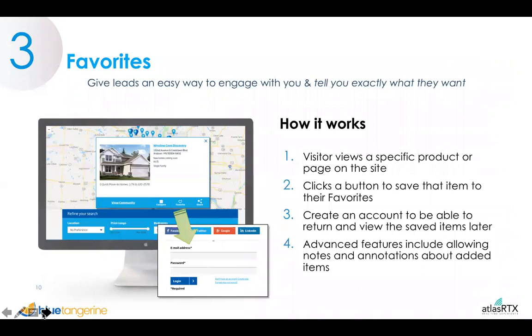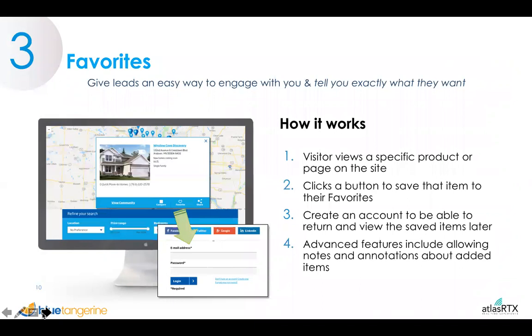And when they do that the first time, you ask them to create an account, where you capture an email address, again, keeping that account form as simple as possible. You can also integrate that sign-up process with social media sites like their Facebook login, which can make it a little faster for them to connect. So you're creating this account, and now they come back to your site later, they can log in and they can see all the ones that they saved.